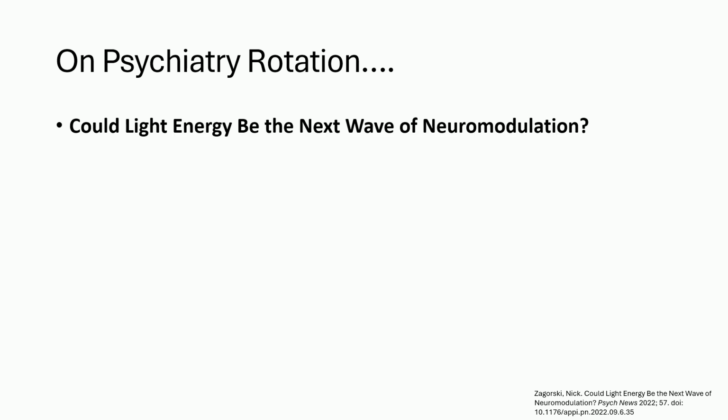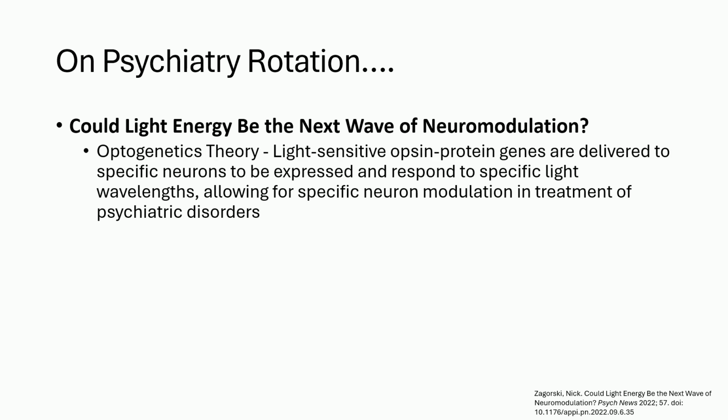So for me, I wanted to talk about this because I was on my psychiatry rotation this past year, and my preceptor gave me an old newspaper, Psychiatry News, and told me to look up an article and find something interesting to be ready to present. And so I read this title, Could Light Energy Be the Next Wave of Neuromodulation? So that kind of caught my eye.